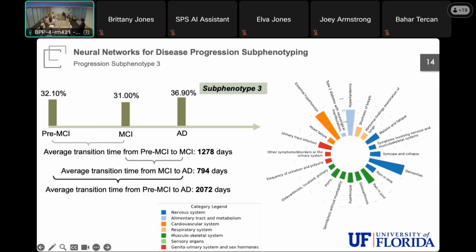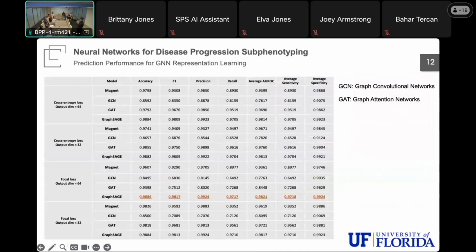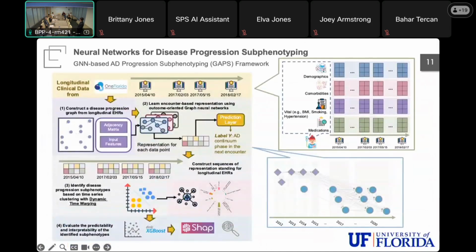Okay. Can I have another question? Yes. For that longitudinal data where you use GNN, I wondered if you have used any kind of mixed effects models to consider random effects, from the statistical point of view. Did you use any mixed effects models for this data?